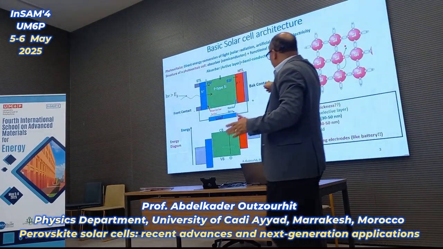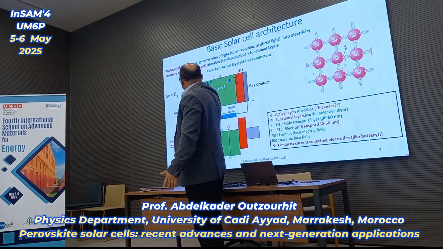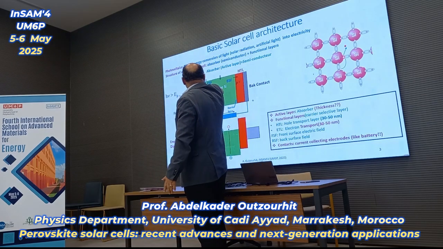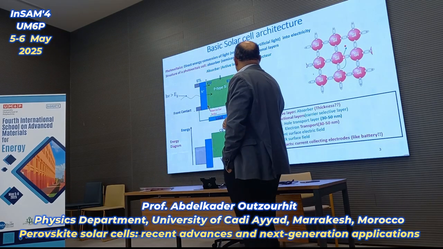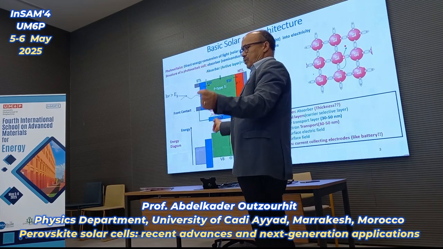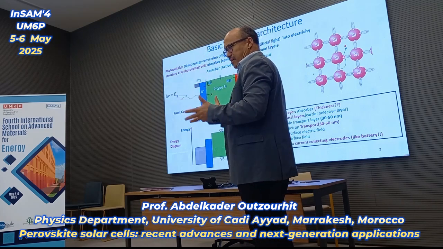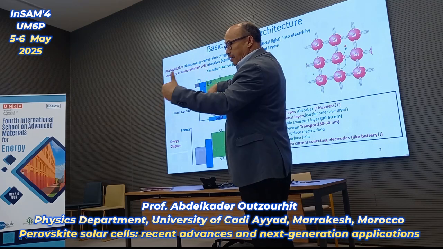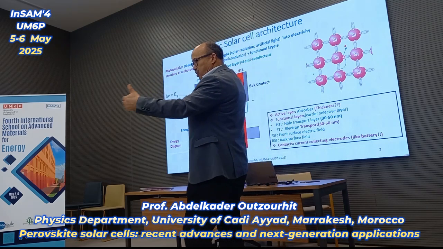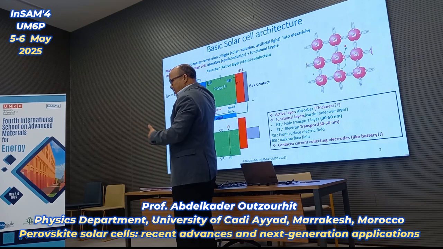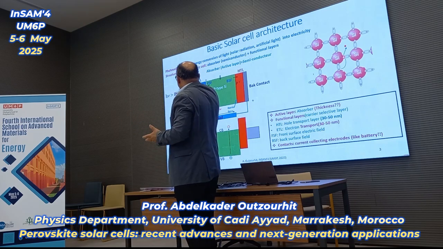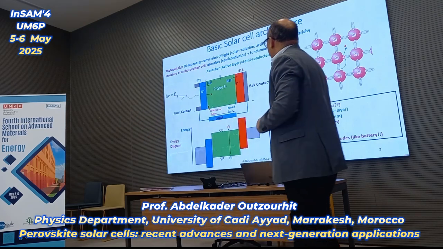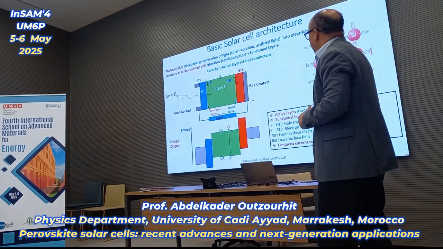In the cell, you also have some contacts. The gray contacts here are metallic contacts that allow us to connect our cell to an external circuit, the load here. The front contact is where the light comes from, so it should be transparent somehow, otherwise no light will get into the absorber.